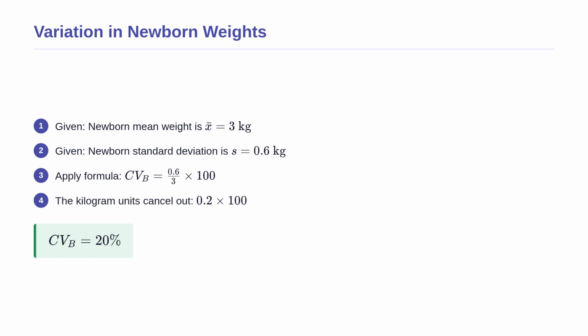We apply our formula, dividing the standard deviation of 0.6 by the mean of 3. Notice that the kilogram units cancel out completely during this division, leaving us with 0.2. Multiplying by 100 gives us our final answer. The variation in babies' weights is exactly 20% of their average weight.